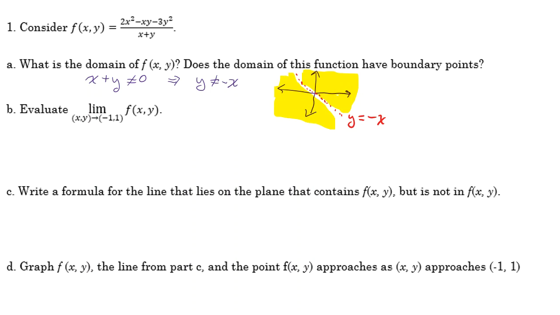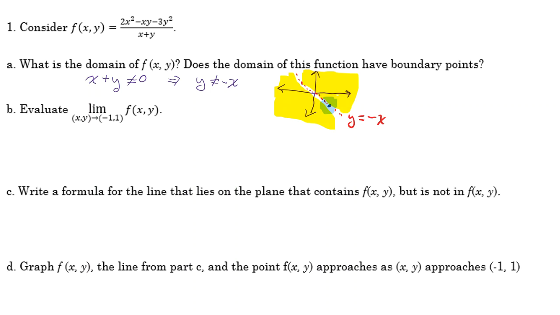All right, so y equals negative x would be a boundary point, because if I pick a point on y equals negative x and I draw a disk centered at that point, then that disk is going to contain points that are in the domain and points that are not in the domain for every disk that I draw. So the points on this line would be considered boundary points.